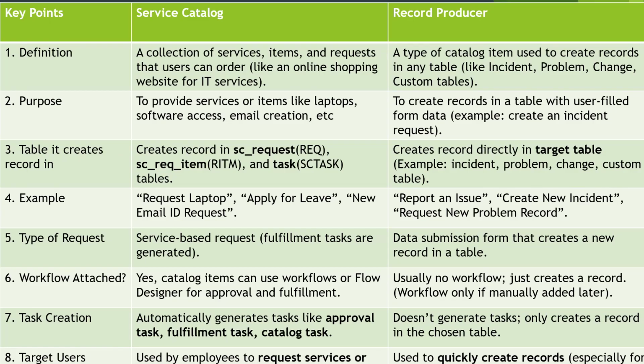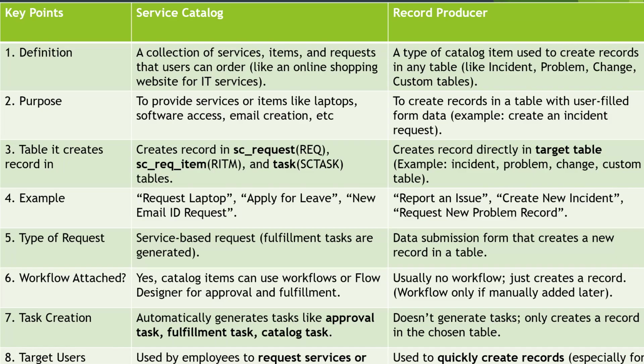It creates records in the request, RITM, and sc_task tables. It means the sc_request table, the sc_req_item table, and the task table. So it creates 3 records. What are they? sc_request holds the full request details. sc_req_item, that is RITM, is each item requested. Then sc_task is the fulfillment task to complete the request.